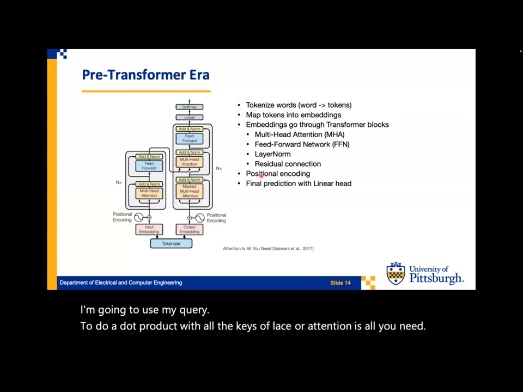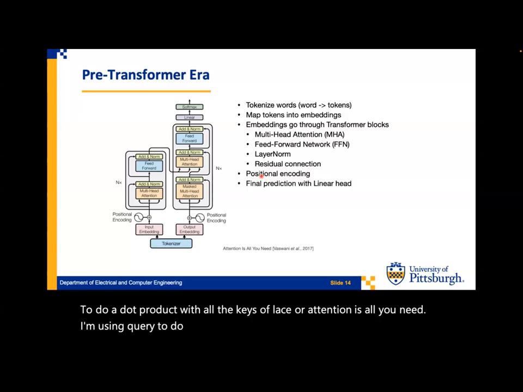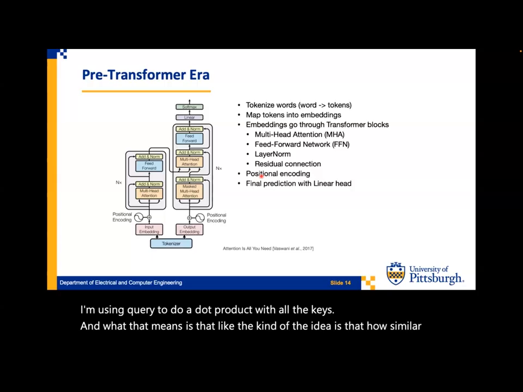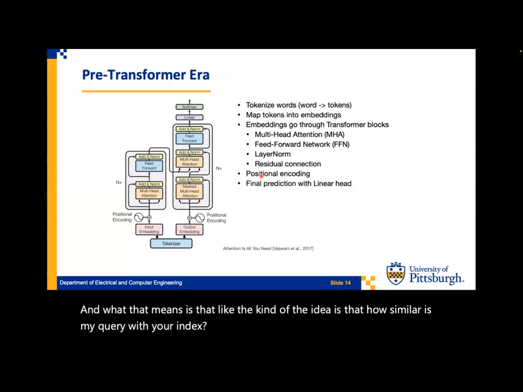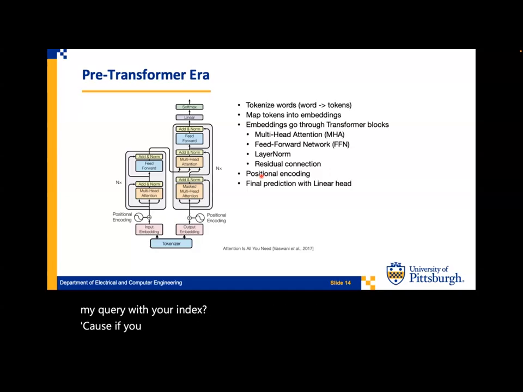What that means is, how similar is my query to your index? Because if you do a dot product of two vectors, it's kind of calculating the angle between these two vectors, so how similar they are. Does that make sense? In this way, you can find who I should be more related to.